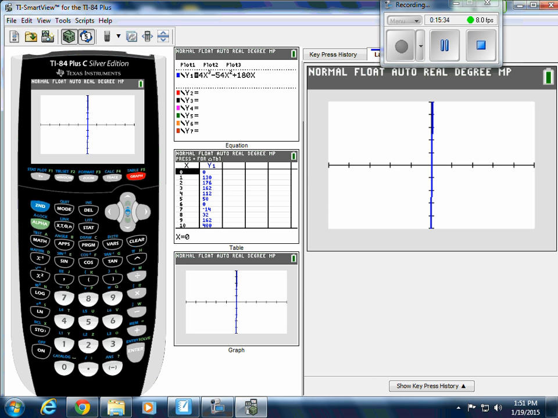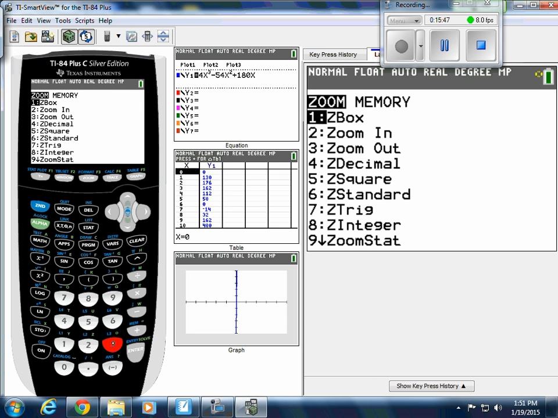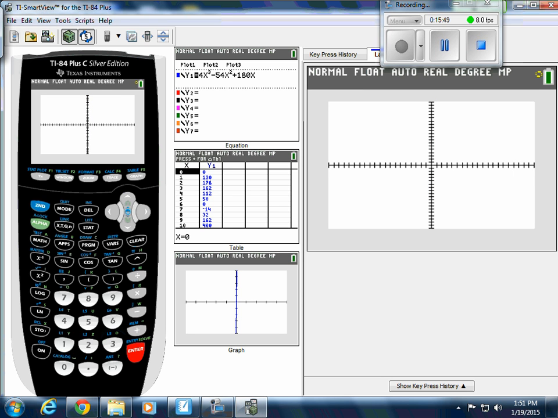Well, that does not give us a very good idea of what our graph is. So let's zoom it out. And we still don't see it. Remember, our goal is to find the maximum volume. So if we're trying to find the local maximum, we've got to get this point in here. So let's zoom out again.